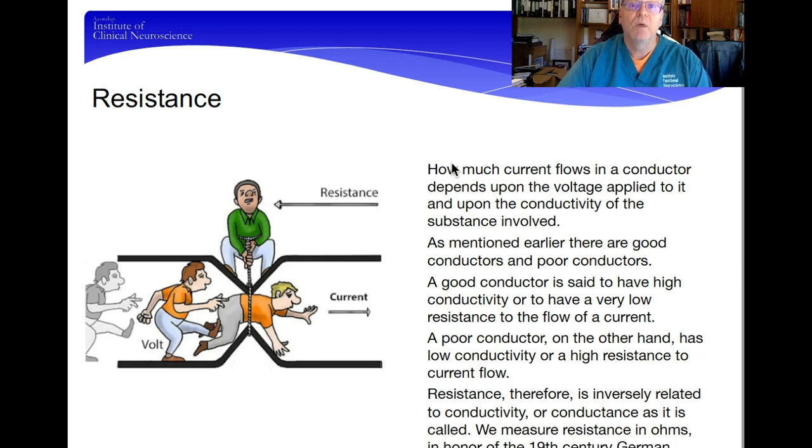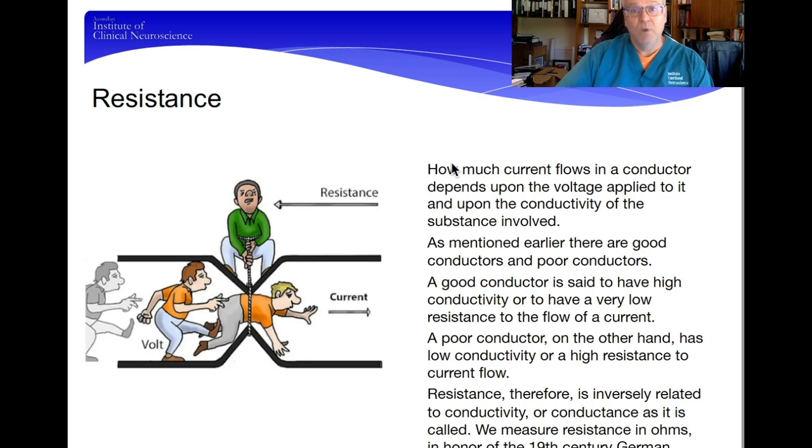Remember, there are good conductors and poor conductors. A good conductor has high conductivity and low resistance. A poor conductor, on the other hand, has low conductivity and high resistance to current flow. So resistance is inversely related to conductivity, or conductance. We measure resistance in ohms, in honor of the German physicist Georg Simon Ohm.